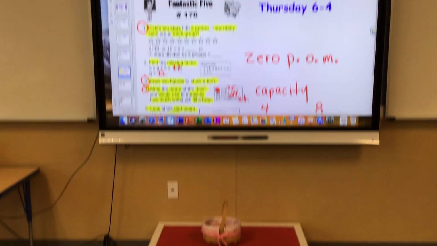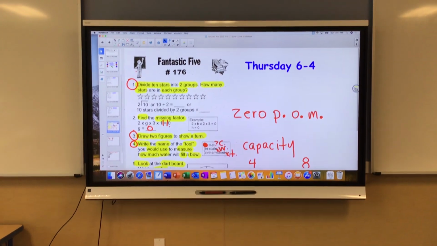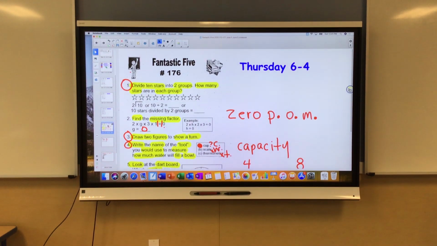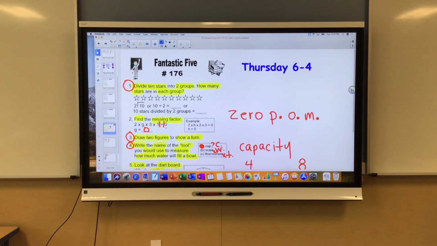Now, I'm coming back to the smart board. That's going to be a wrap for our Fantastic 5, number 176, today on our last Thursday of first grade. So you can close your clean white sheet packet. You can push that over to the side.